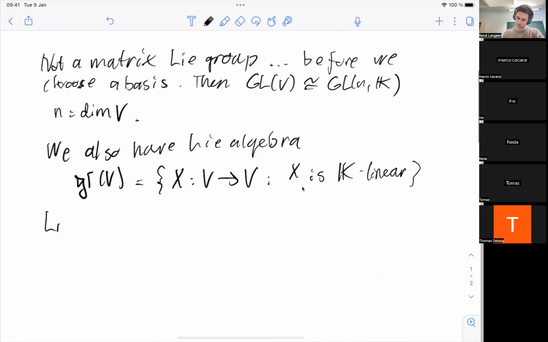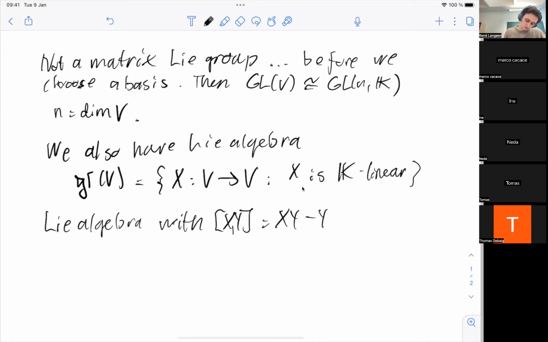And this is a Lie algebra with the bracket [X,Y] being XY minus YX. So it works just as with what we've seen so far. The only difference is, again, we haven't picked any sort of basis.